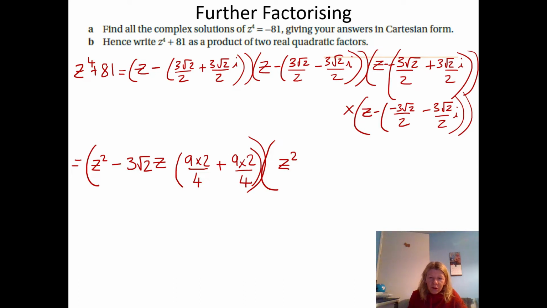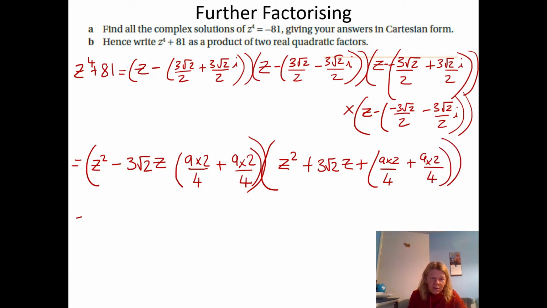So you end up with plus 3 root 2 z. And then it's the same as before, conjugate times conjugate, so again you get 9 times 2 over 4 plus 9 times 2 over 4.